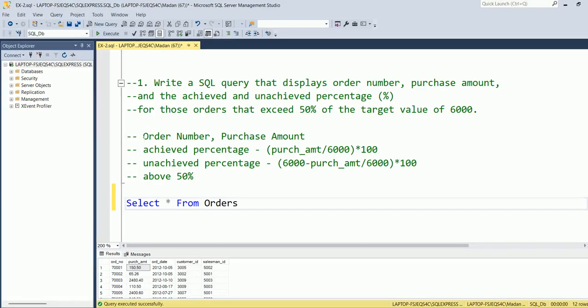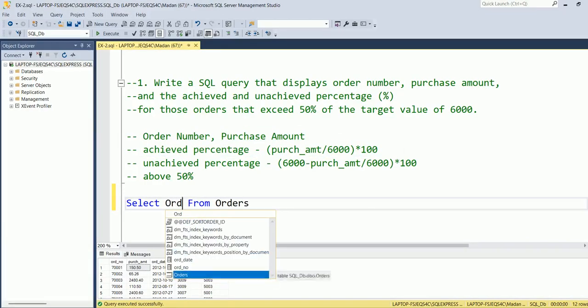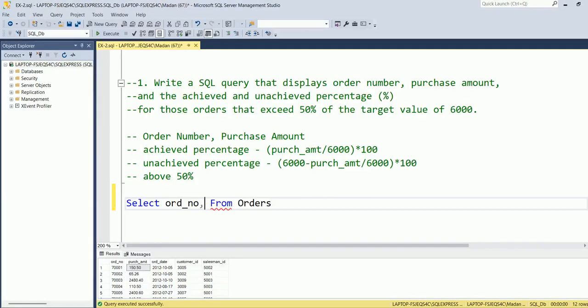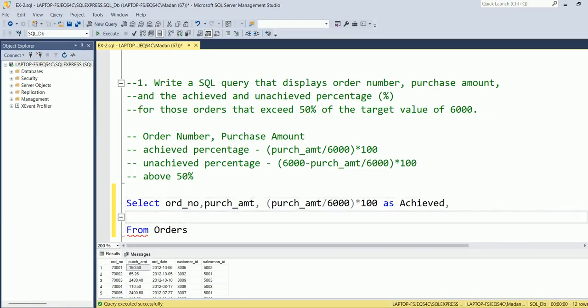So we have broken that into small parts. Now let's solve. First, we need these columns: order number, then the purchase amount, comma, and the achieved percentage, which is nothing but the formula. We will use an alias to name the column as achieved. Then we want the unachieved percentage.